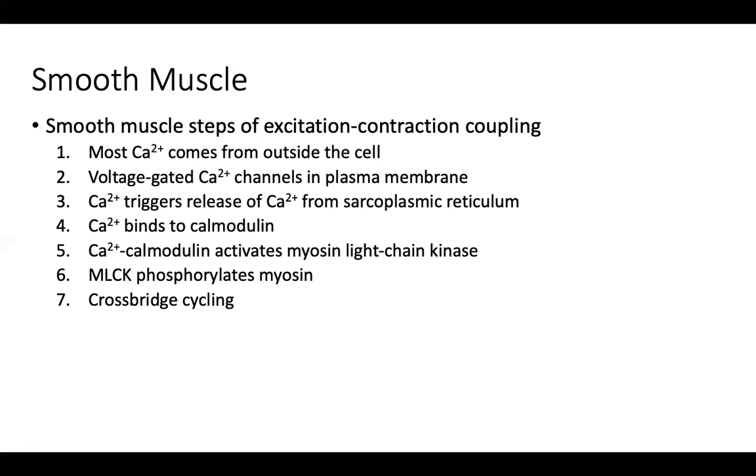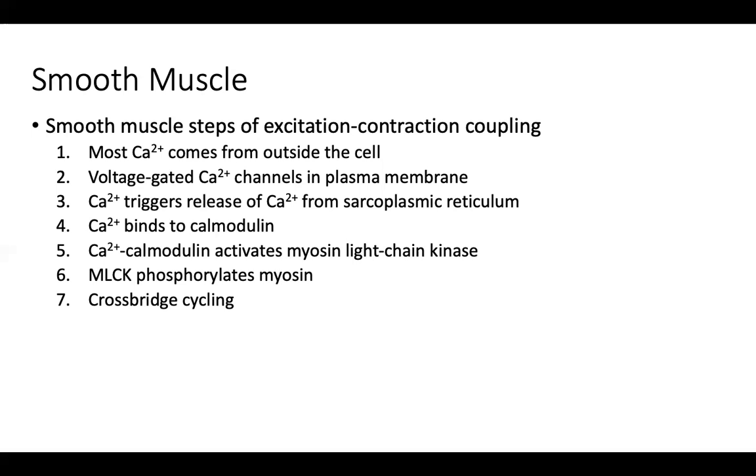So calcium is going to be moving from the SR, and it's going to bind to a structure called calmodulin. Together, calcium bound to calmodulin forms what's called the calcium-calmodulin complex, and that complex together will activate MLCK, which is myosin light chain kinase.